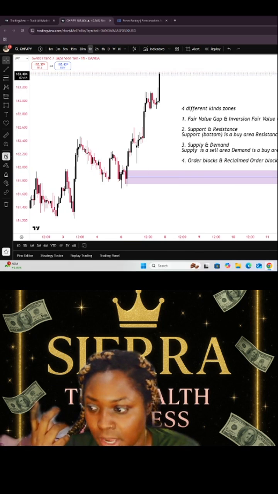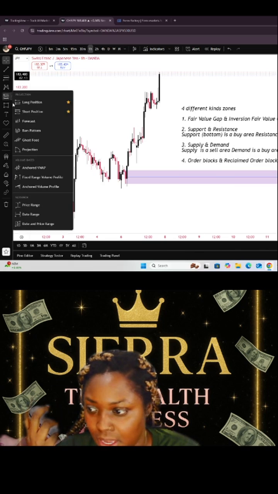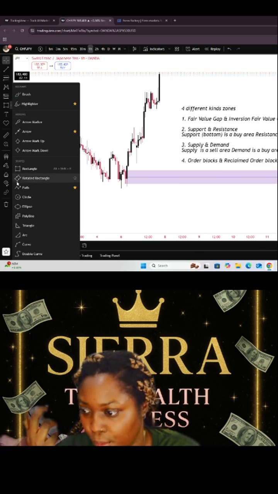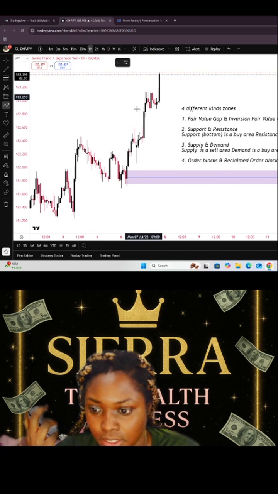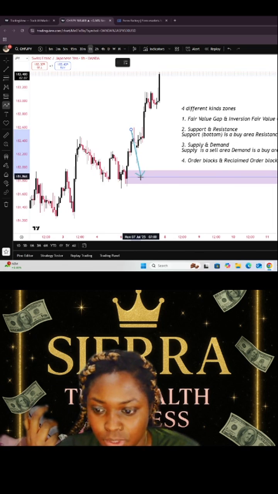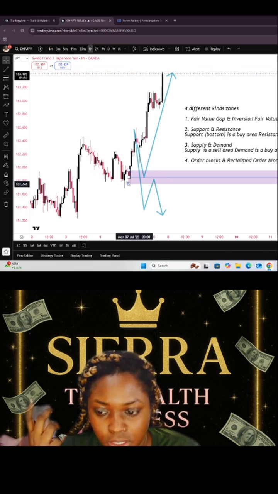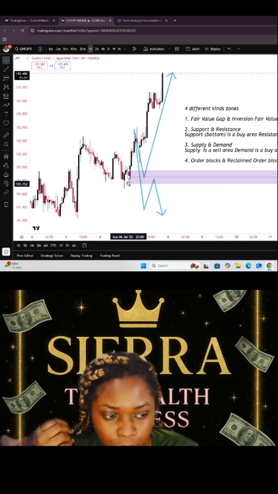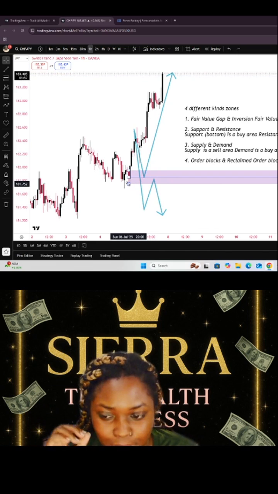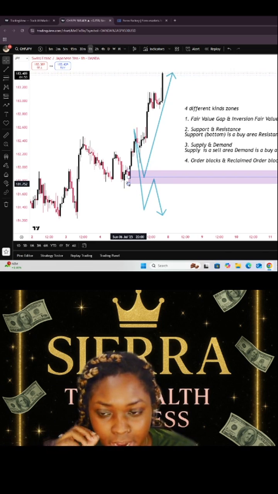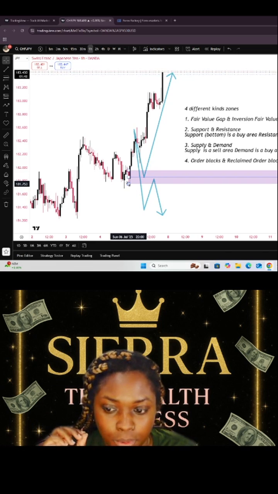Now, what people like to see is the exact same thing that we're looking for on the other one. You look for price to come back to the area and then buy. Or we look for price to trade through it, retest it, and sell. So this is a bullish order block and a demand area. Demand area is buy, a bullish order block is buy.